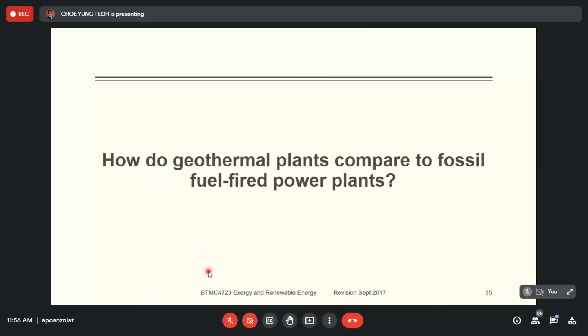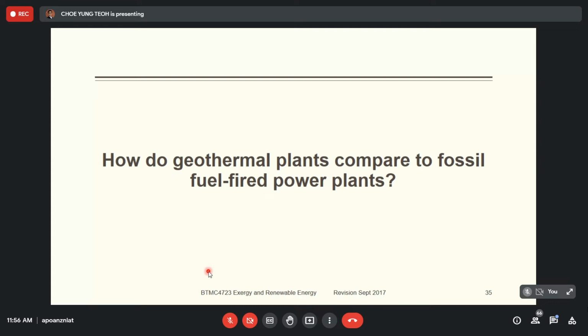No burning takes place, so there's no smoke, no emission, or very little emission compared to fossil fuel power plants. Okay, both geothermal and fossil fuel power plants will emit hydrogen sulfide, sulfur dioxide, some particulates, and also carbon dioxide, of course. But the amount of emission from geothermal power plants is very minimal, because these are materials naturally available in the water.